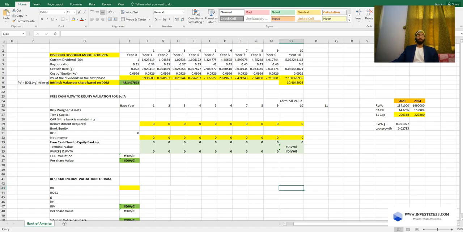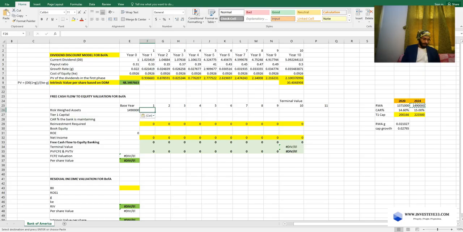The current risk-weighted assets is 1,490,000 million. So let me use this number here, right? Now let me assume this is the base year risk-weighted assets. Now let me assume that the growth rate is going to be 2.2% only.